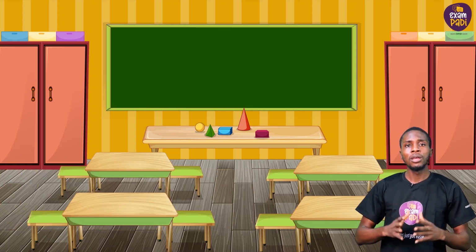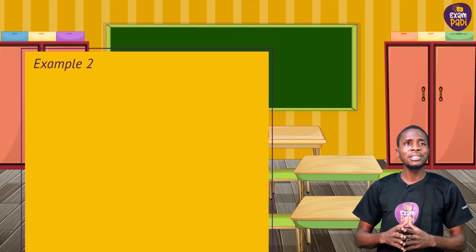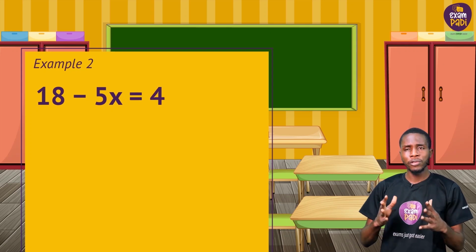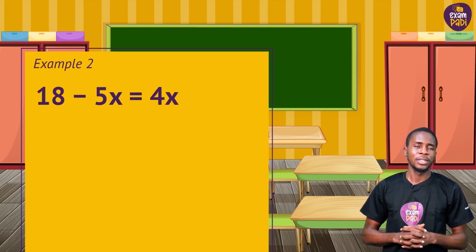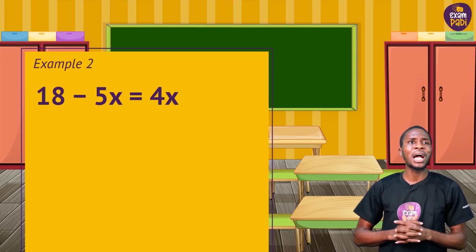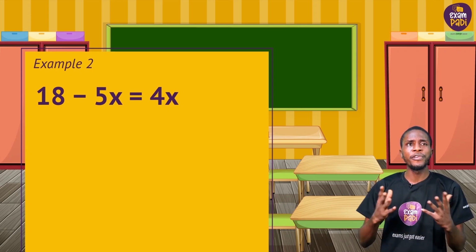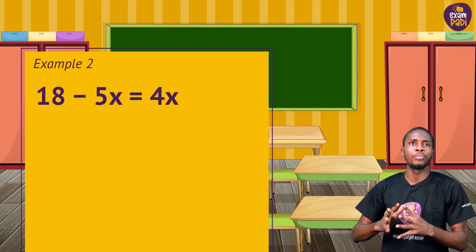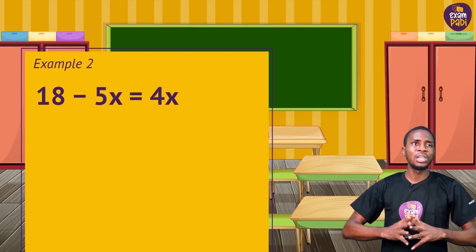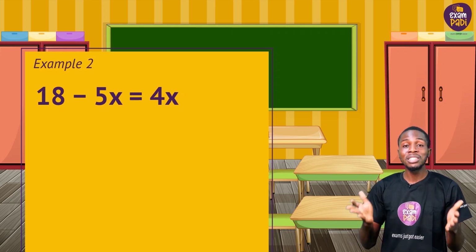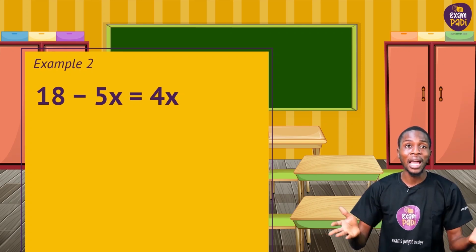2. Solve the equation 18 minus 5x equals 4x. Step 1. Use the additive inverse of a term with a variable to add or subtract it from both sides. What this simply means is collect like terms.